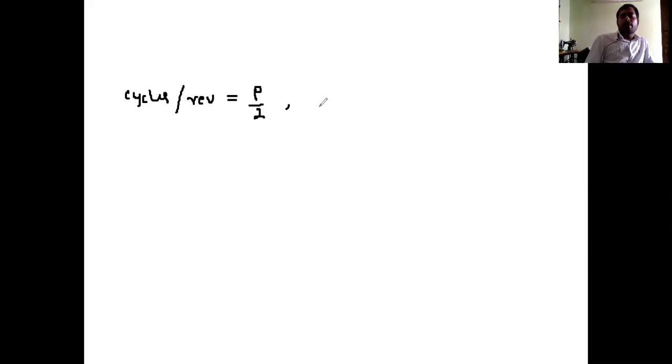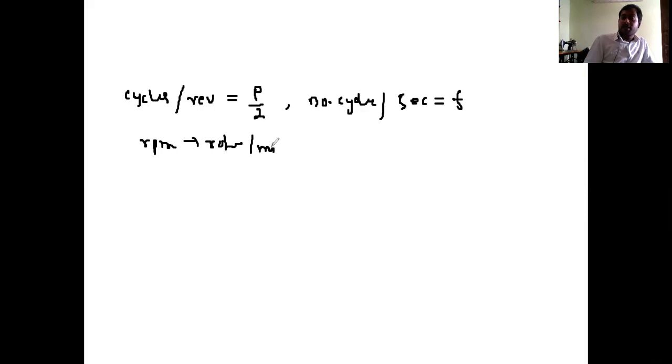Number of cycles per second is equal to frequency. And the speed, RPM, rotation per minute, is nothing but speed, the revolution per second or time taken for one revolution.